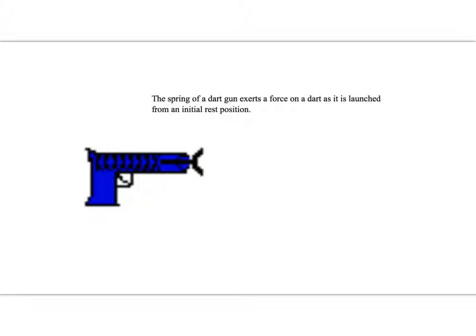The spring of a dart gun exerts a force on a dart as it is launched from an initial rest position. When I squeeze it, I deposit a potential energy into the spring, which is equal to 1/2 kx².